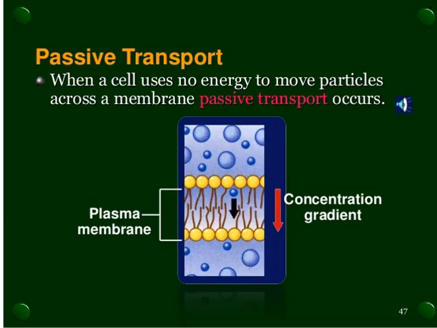Here you can see the plasma membrane with the two bipolar sites of the phospholipids, so that outside and inside of the cell there is a flow, that is the concentration gradient. Through the concentration gradient, it diffuses inside.